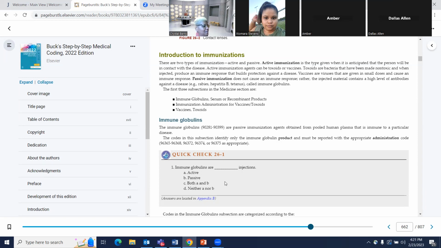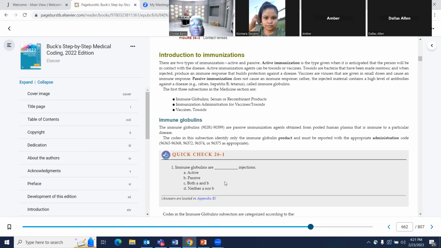Wouldn't it be passive? The answer is passive. Quite a few people put active.